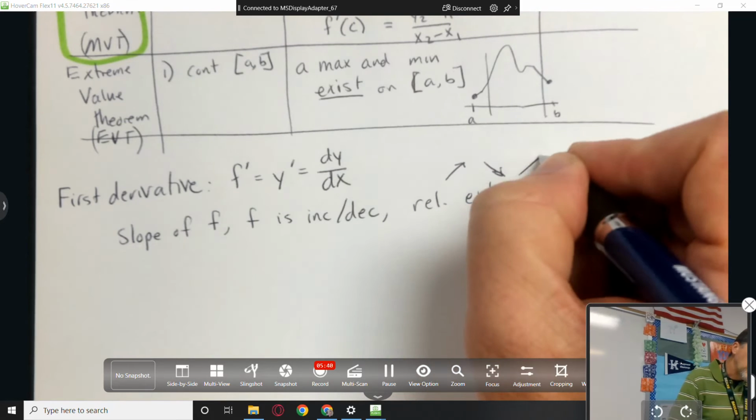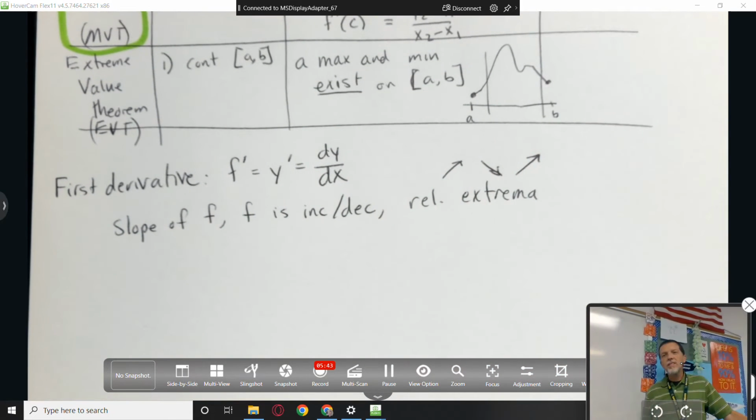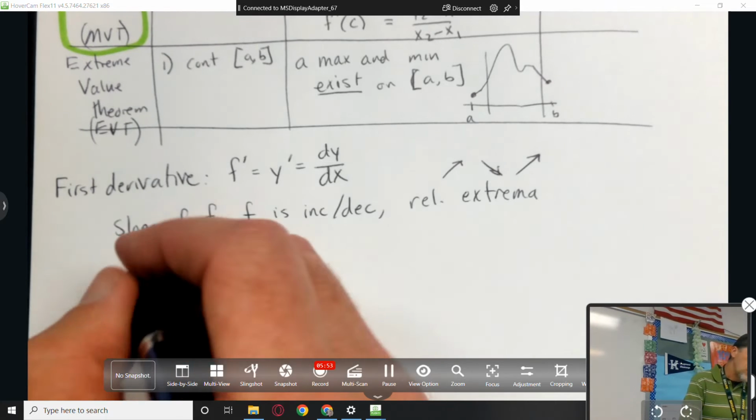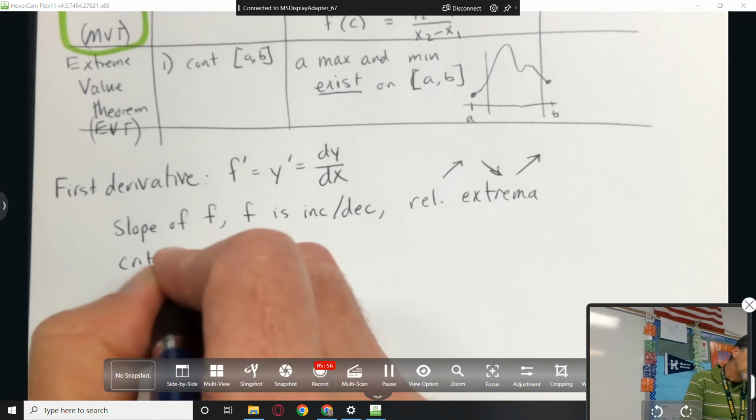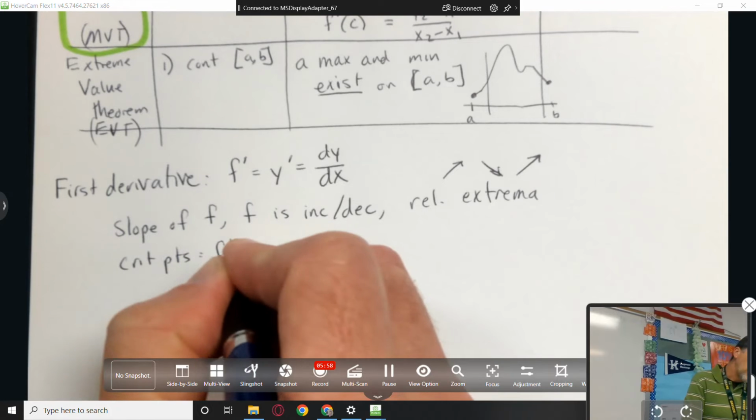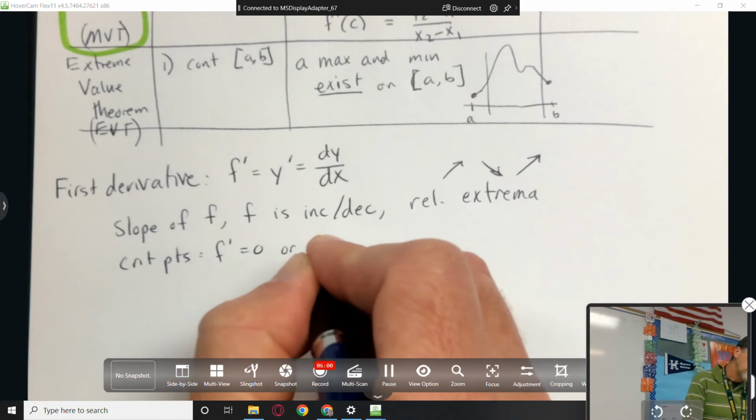Right, that's where we do the number charts or number lines and look for increasing and decreasing intervals. It's related to critical points. That's where f prime equals 0 or undefined.